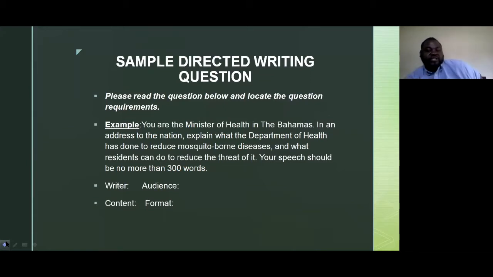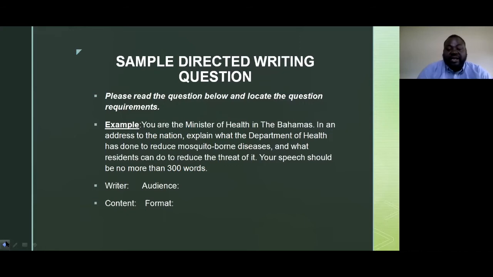If you pay attention closely to the way that sentence is structured, that's a compound sentence. It's now joined by and an independent clause, and it reads, and what residents can do to reduce the threat of it. And so therefore, this particular directed writing question is asking 2 aspects of content from you.